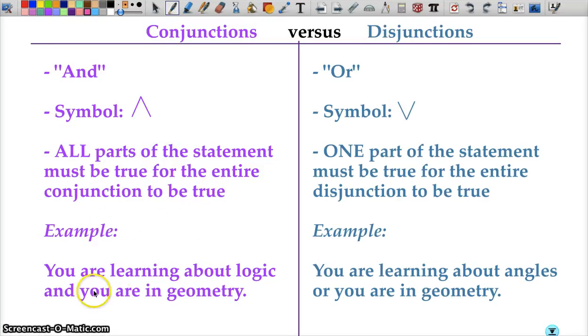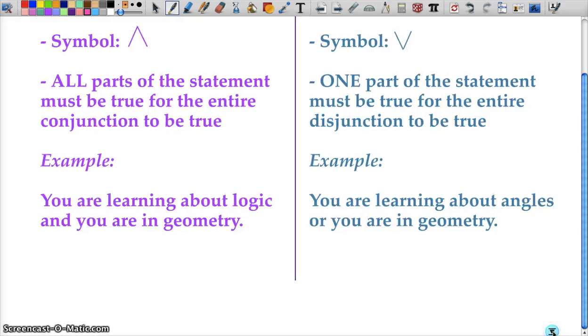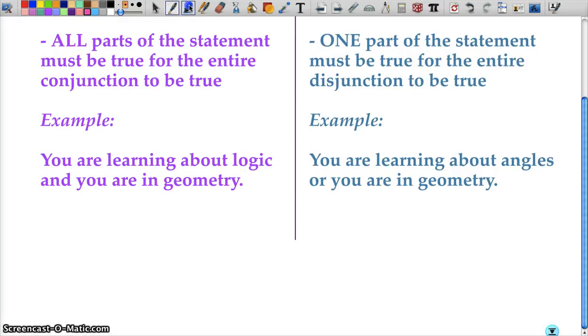So an example would be you're learning about logic and you are in geometry. And I'm going to go ahead and write this out symbolically.